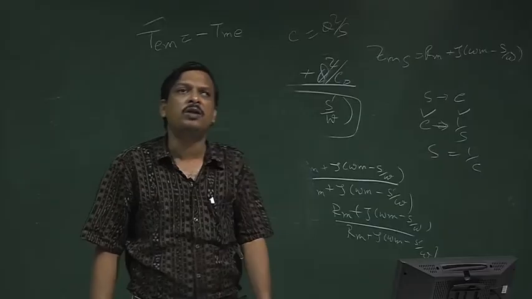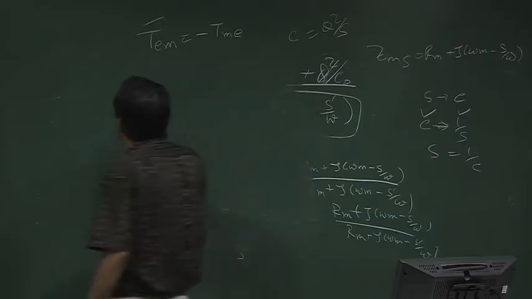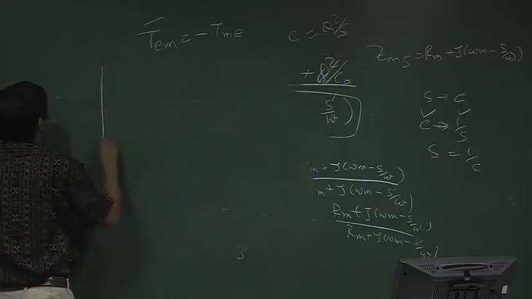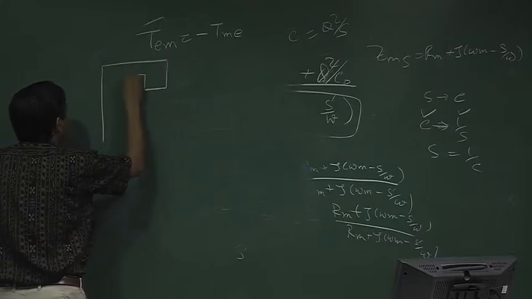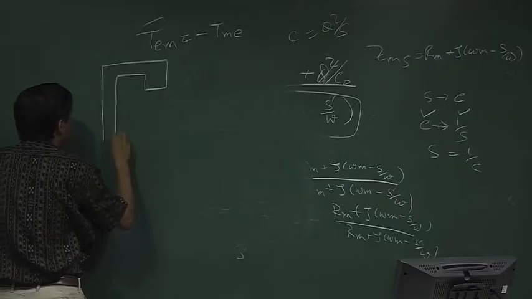An example is the moving coil transducer. Let me draw a moving coil transducer. It will have a magnetic field.